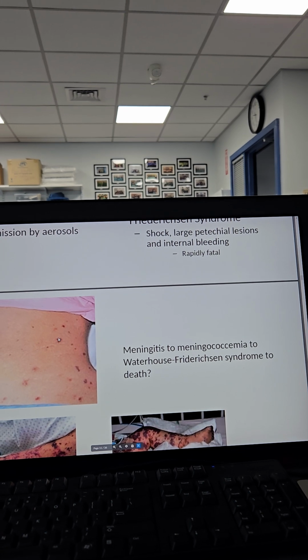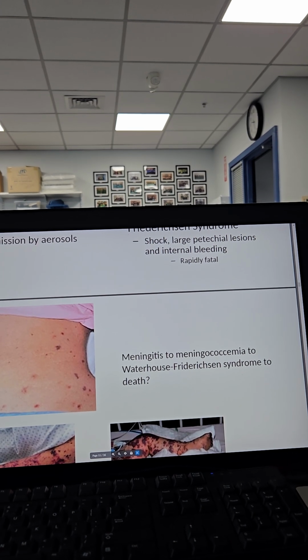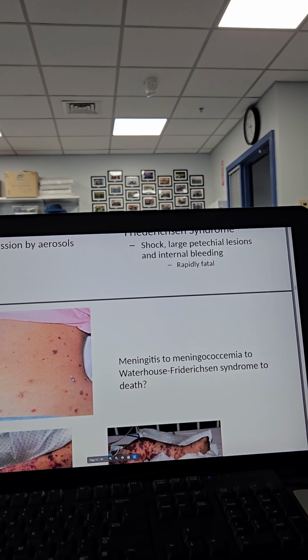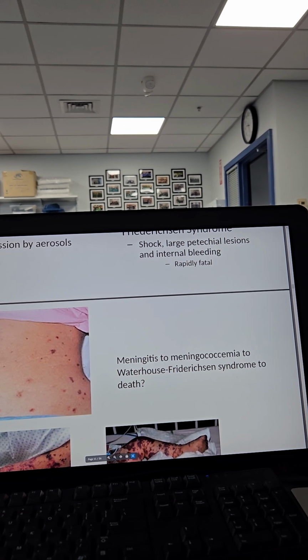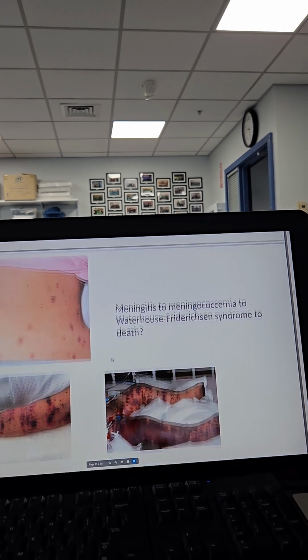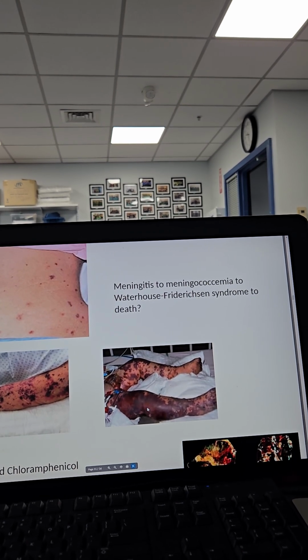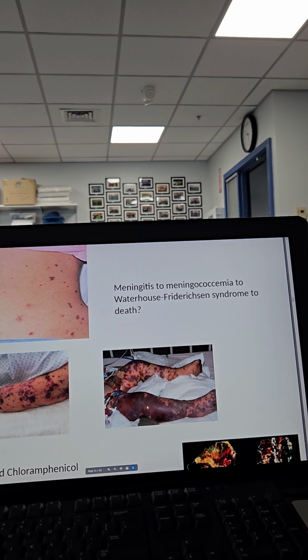So, little petechia, right? These aren't bright red, but they start out as red and then they get darker as they go. And then they can spread and get worse and worse. Okay.